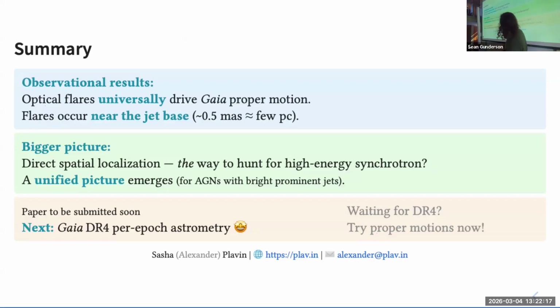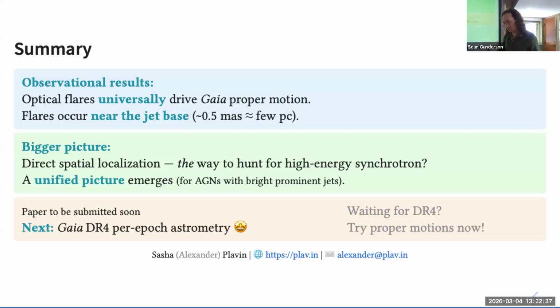As a bigger picture, I see it not just as a way to localize the optical flares, although that's very useful, and I'm very interested in that. But I would say this can also become a way to hunt for where exactly the higher energy synchrotron flares happen.